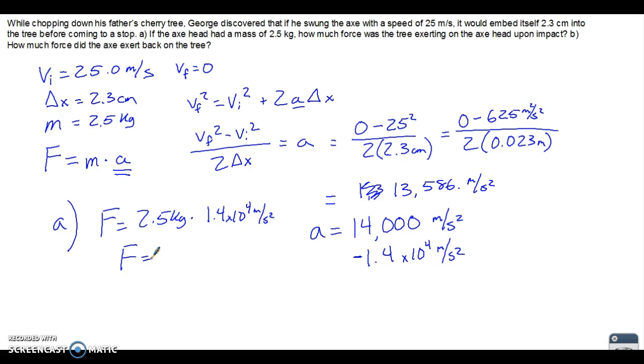It doesn't really matter if it's negative or positive, it's still in a direction. So we've got 3.5 times 10 to the 4th newtons being exerted. And then for B, the force that the tree exerts back on the axe head is going to be equal and opposite.